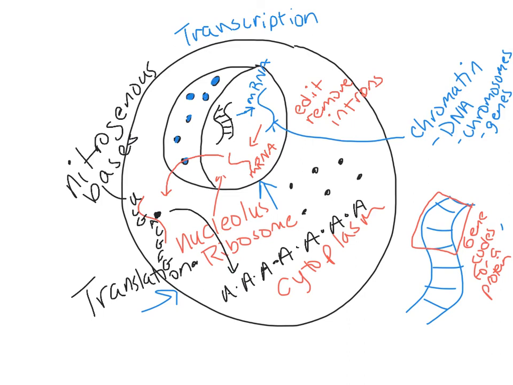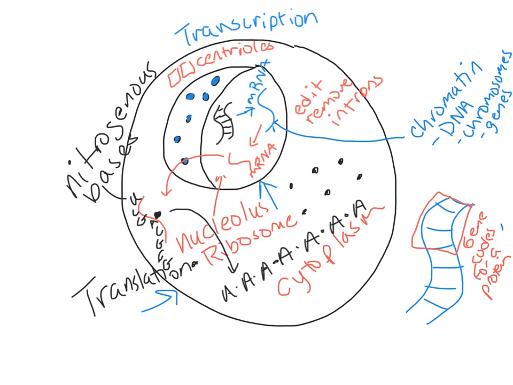Now, in addition to the nucleus, if the cell has a nucleus, it can make proteins. That's key. In addition to that, if it has a nucleus and it has those little centrioles, then it has the ability to divide.